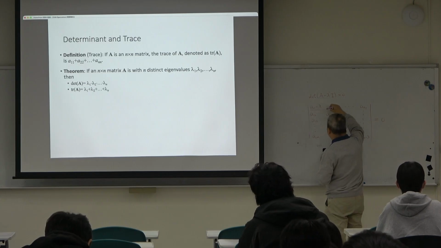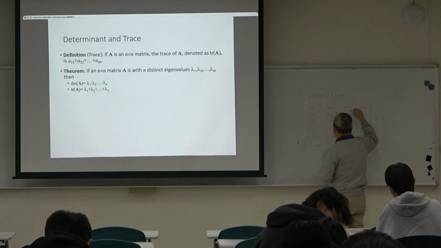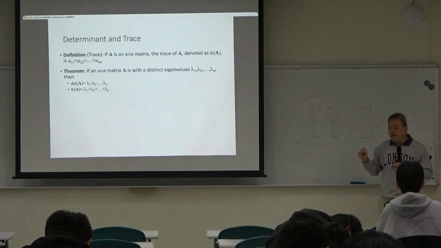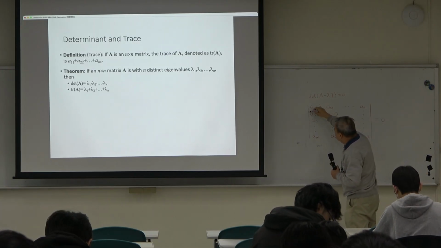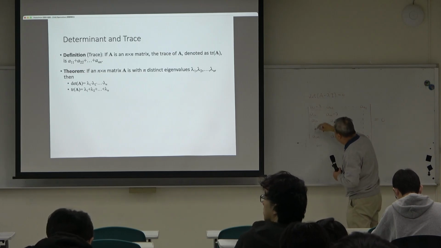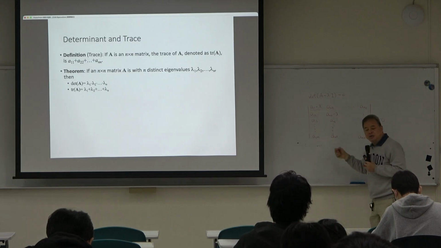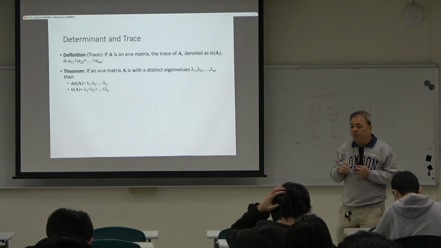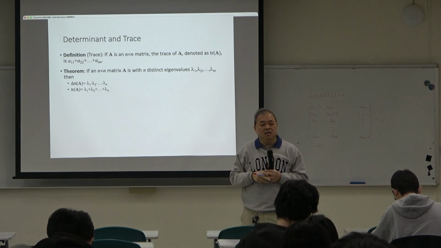Then you take this one times the determinant of the remaining part, and then minus this one times the determinant of the matrix without this row and column. It's a recursive process.